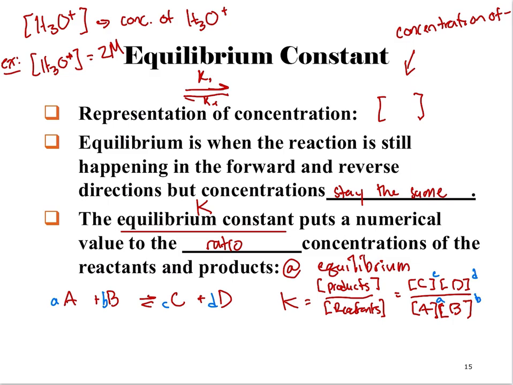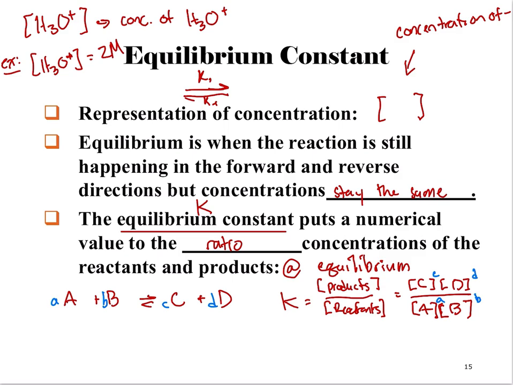And what is this? This is just the ratio of the products over the reactants. And so at equilibrium, this ratio is always going to stay the same. The system always wants to reach this ratio again. So if we increase the reactants, the reaction will then shift to make more products.